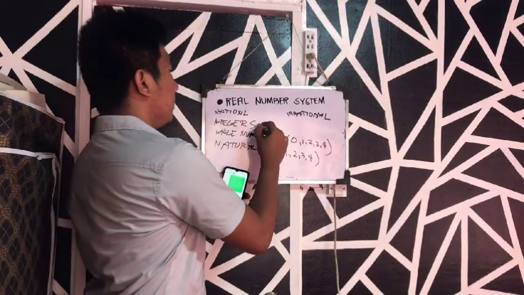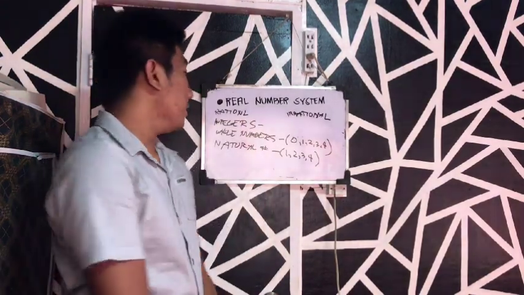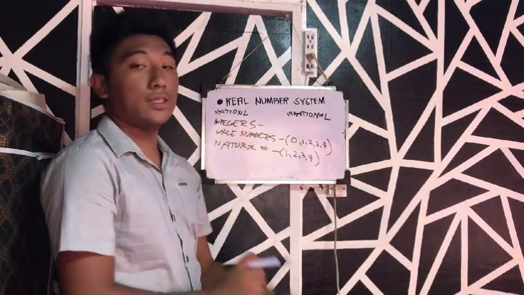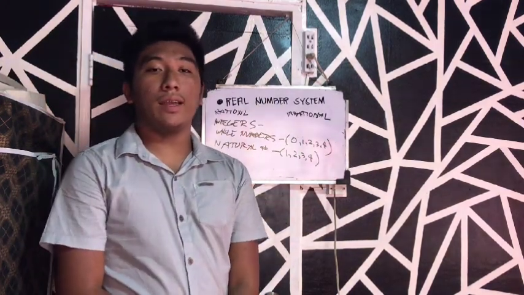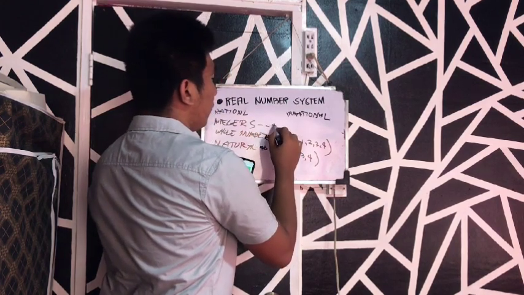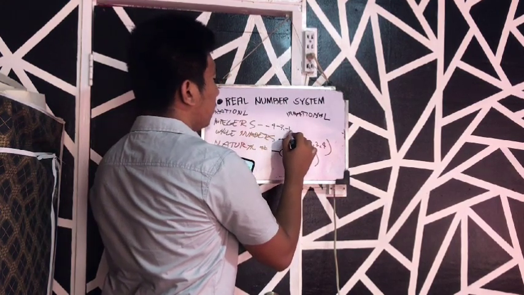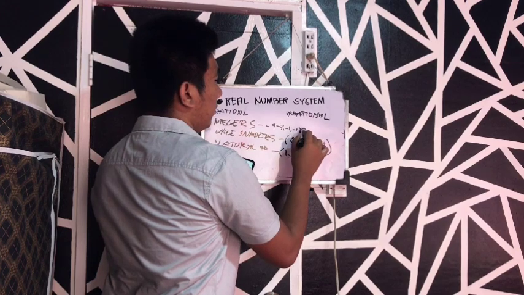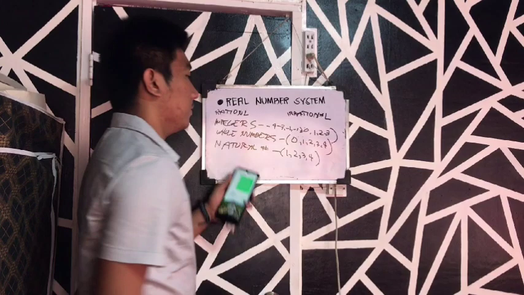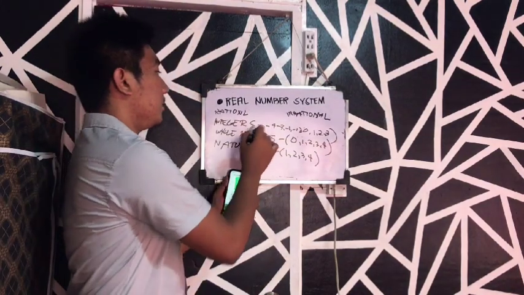Then the integers are those numbers and their opposites, meaning their negatives. So these numbers: negative 4, negative 3, negative 2, negative 1, then 0, 1, 2, and 3. That is the integers.